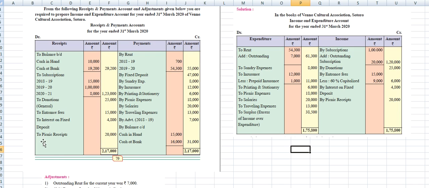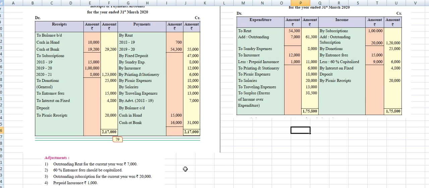Next entry is donation. The donation amount is 25,000 rupees. And entrance fees are 15,000 rupees. For that, there is an adjustment: 60% of entrance fees should be capitalized. So 15,000 into 60 divided by 100.